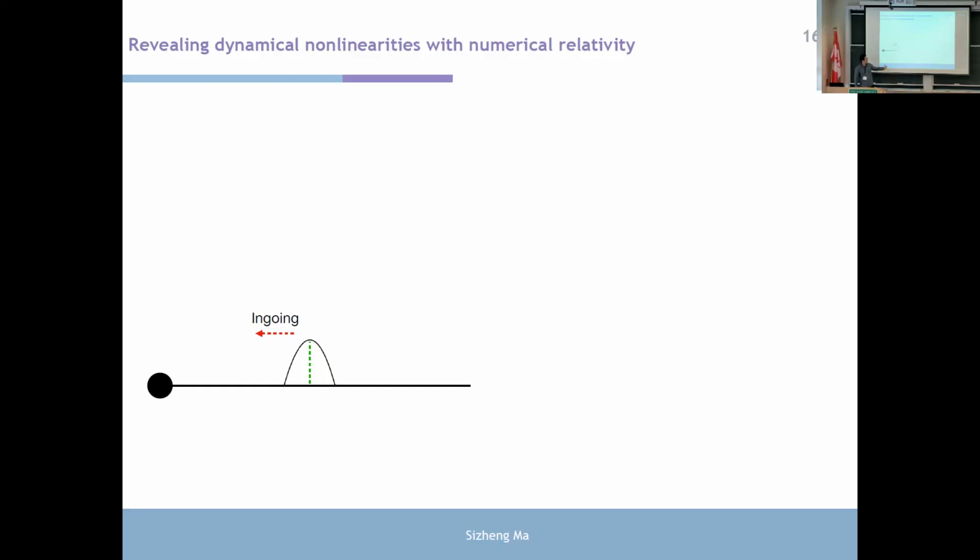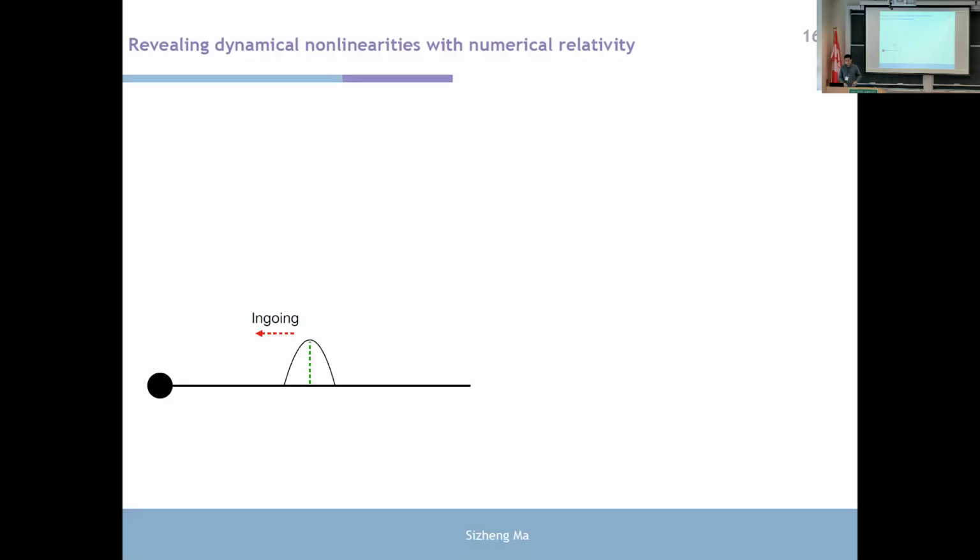Second, this packet is always spatially compact. As a result, the pulse always triggers a transient effect. The nonlinear interaction always happens within the scattering timescale, and after that timescale, the system quickly transitions to the linear ringdown stage.